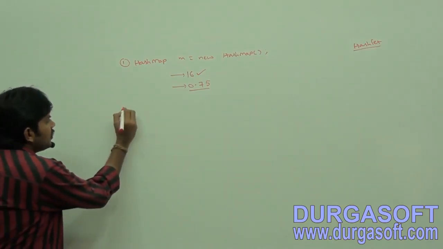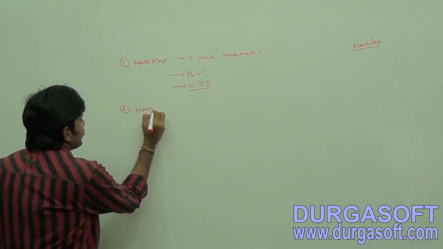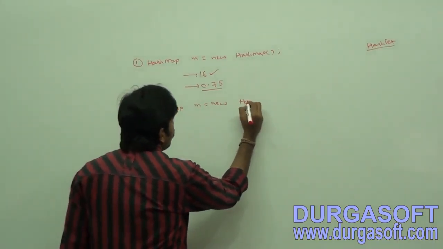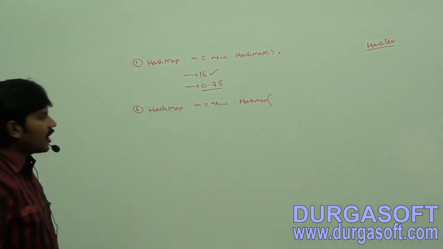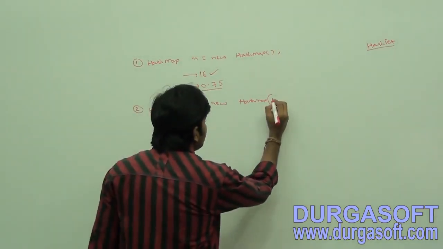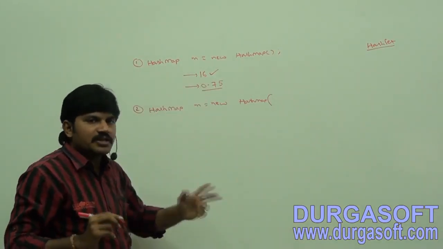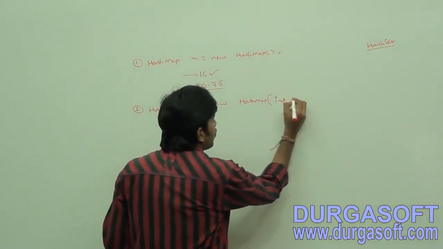Next, this is the first constructor, right? Second constructor, HashMap m = new HashMap(int initialCapacity). Sir, I don't want 16, I want to customize the initial capacity. Then no problem.